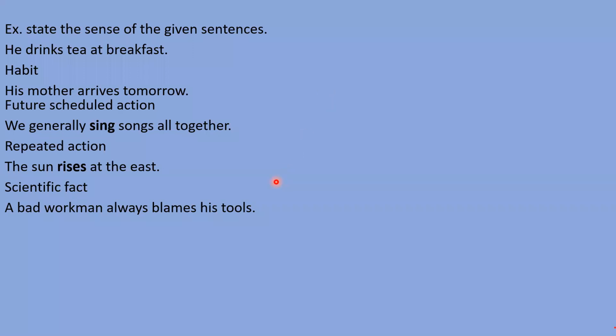Actually, yeah, habit also we can say, but in reality, that's a proverb. A bad workman always blames his tool. Sometimes we say in Hindi, नाच ना जाने आंगन टेढ़ा, right? So जो bad workman होता है वो अपने tools को दोष देता रहता है. So that's a proverb. So we need to say here proverb. But habit also we can say.